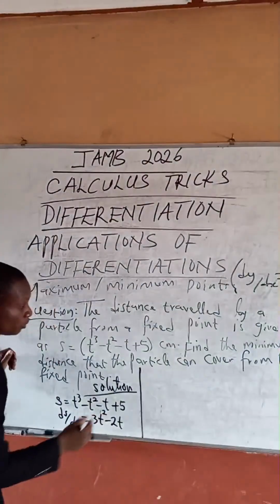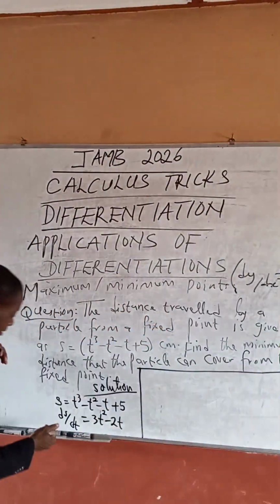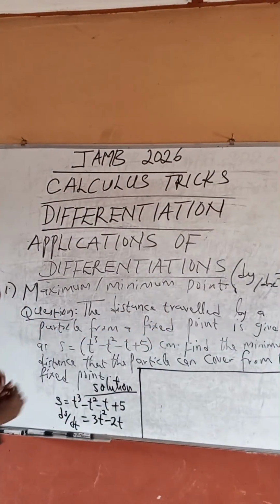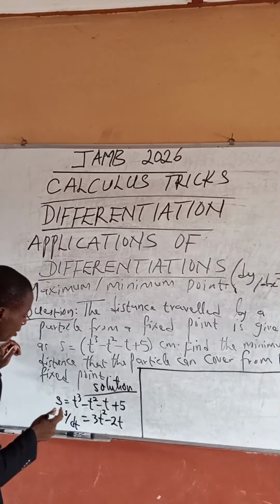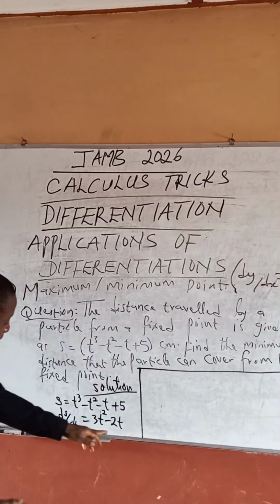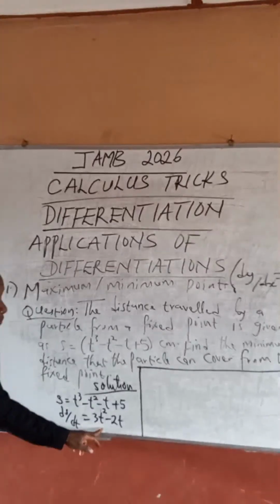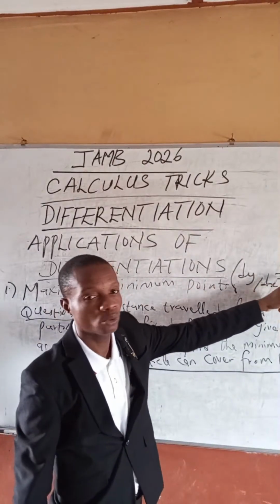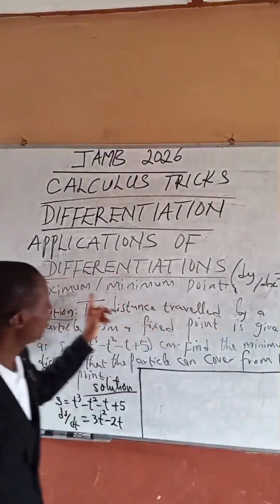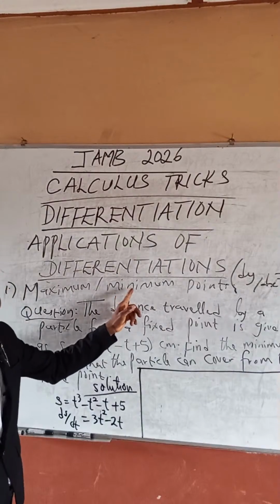So we are now going to move ahead to solve. Let's continue. ds/dt, right? Good. Remember, when we differentiated this, we got this, right? And we know that ds/dt will be 0 for maximum or minimum points.